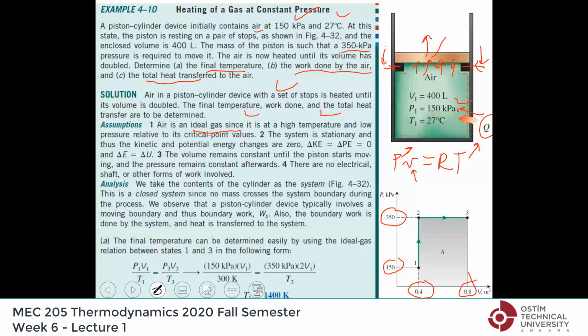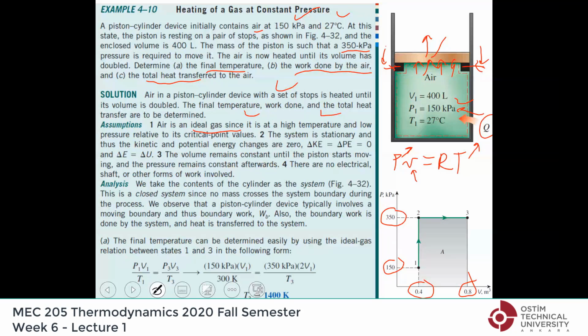So air at really any temperature, unless the pressure is extremely high, like many megapascals, is an ideal gas based on experience. Therefore, you look at the pressure here, 1.5 atmosphere, and then 3.5 atmosphere. Oh, this is peanuts for air.